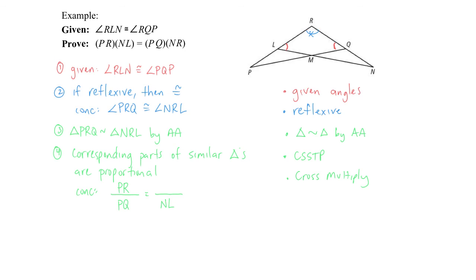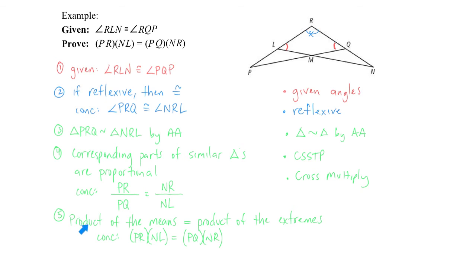I'm going to go ahead and put PQ here, and I'm going to put NR here. If I cross-multiply this proportion, I'm going to end up with this. Again, if this was the proof, you'd be done. You don't have to go to this last step. But they're asking us to do this, so I have to do the last step, and I'm going to go ahead and write it out now.